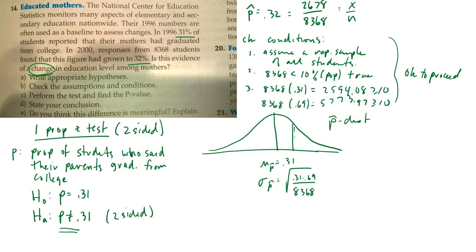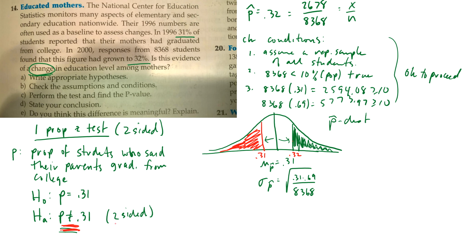That means, what's the probability that it's greater than or equal to 0.32, like normal, but it could be that same distance the other way as well. So if this is 0.32, the same distance this way would be 0.30. So what's the chance of me getting the same extreme value on either side?